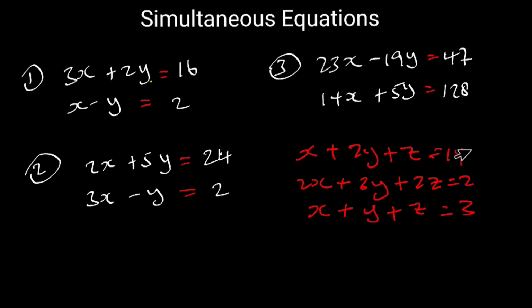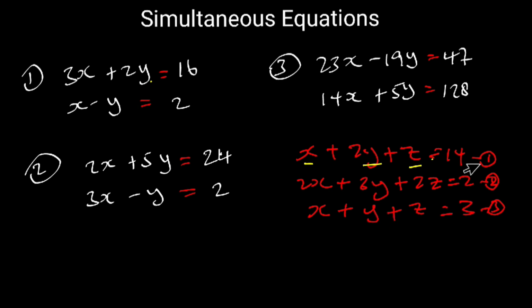These are simultaneous equations, but in this case we have 3 equations with 3 unknowns. The unknowns are x, y, and z. After solving for x, y, and z, the values we get will satisfy each of these equations. When you plug the values of x, y, and z into equation 1, you are going to get 14. In equation 2, you are going to get 2. And in equation 3, you are going to get 3.